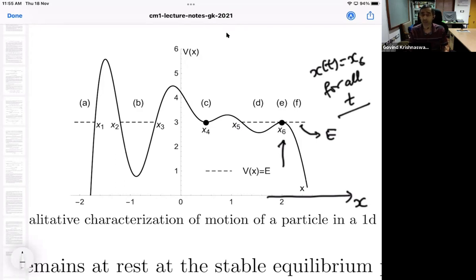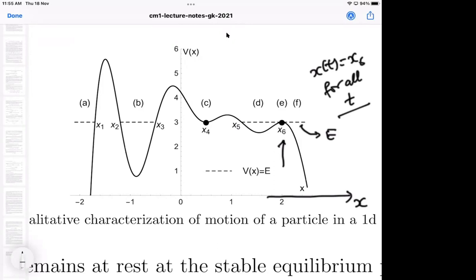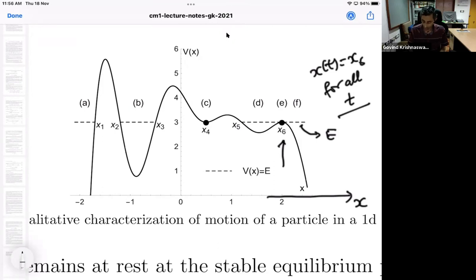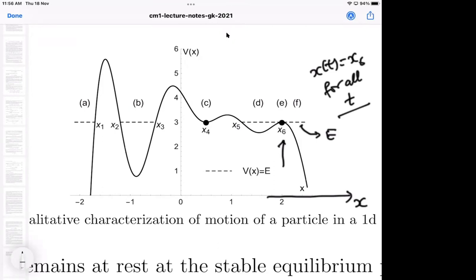Because the derivative of the potential is 0, and so the acceleration should be 0, and yes, the acceleration is 0 in this case.